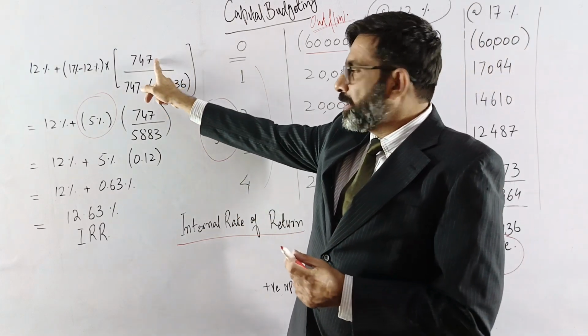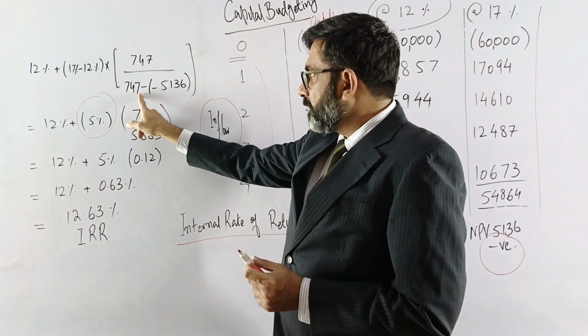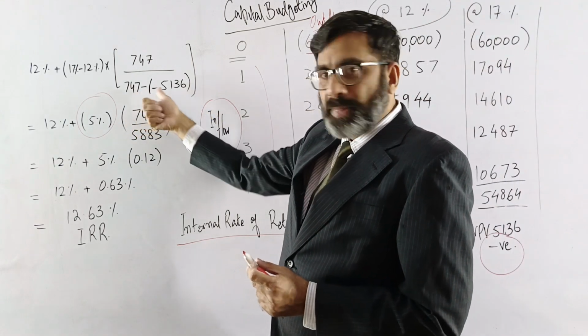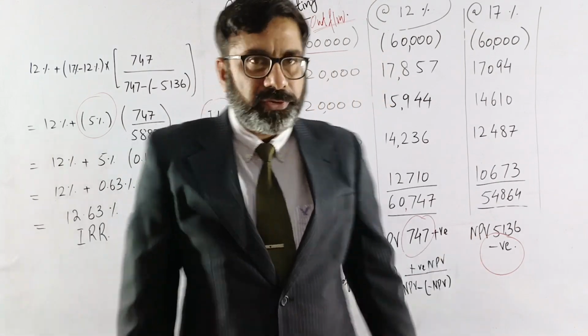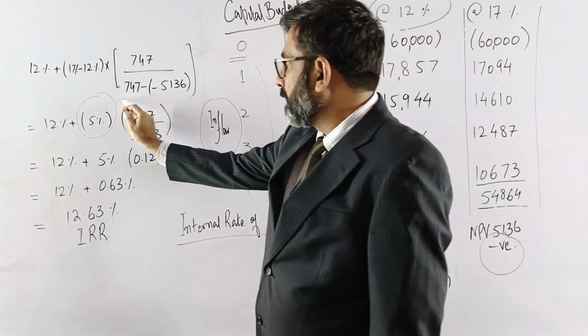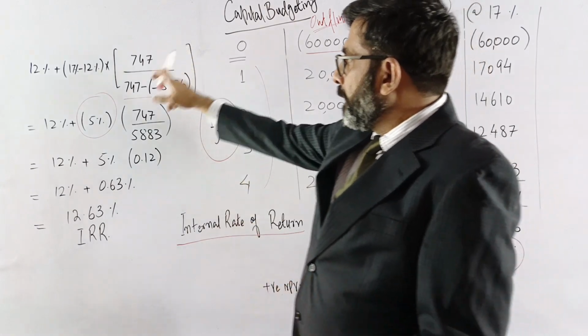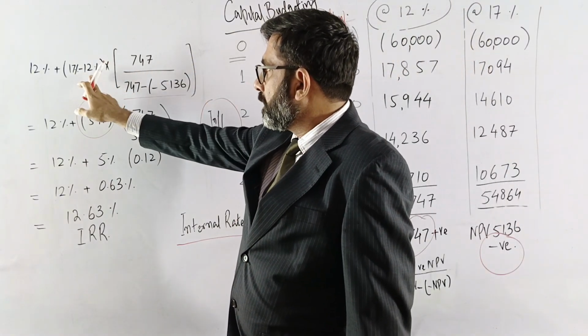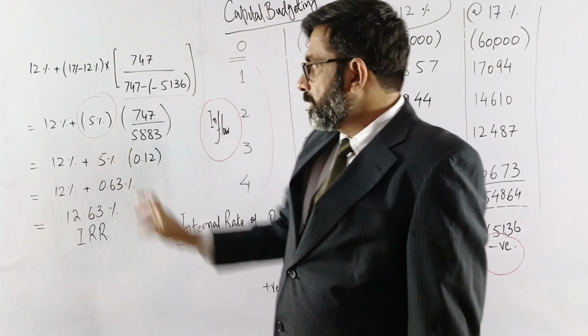The positive net present value 747 we are using here, and then minus the negative net present value, 5136. Negative negative is positive, so we get the total of these. 17% minus 12% is 5%.